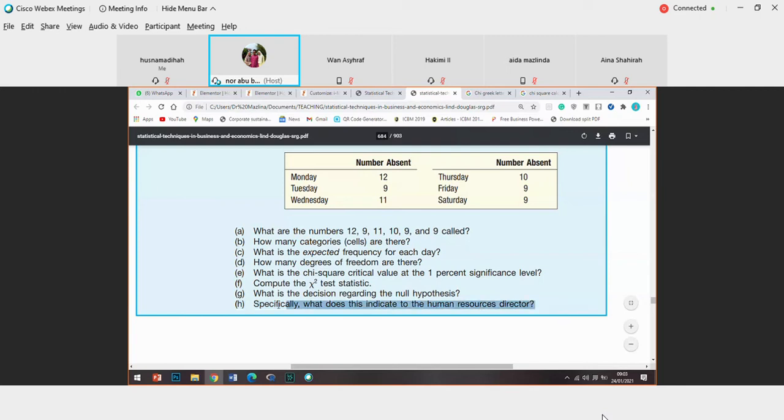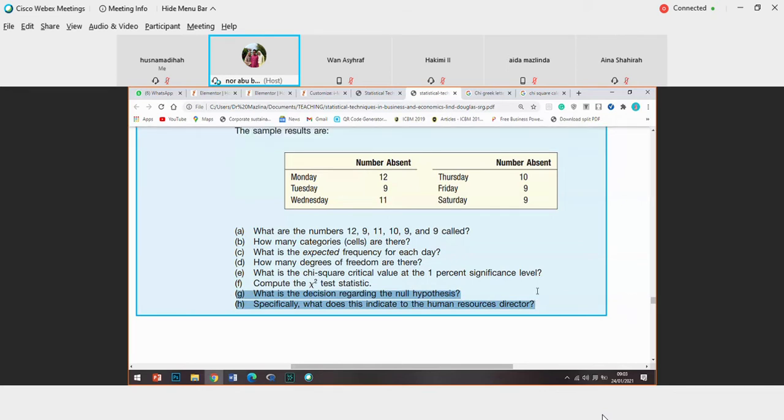Jadi sebenarnya dua perkara ni lah yang akan menyebabkan markah awak sama ataupun tidak dengan kawan-kawan awak. Okay, some people, macam, you know, like last semester I realized that a lot of students actually copied each other.